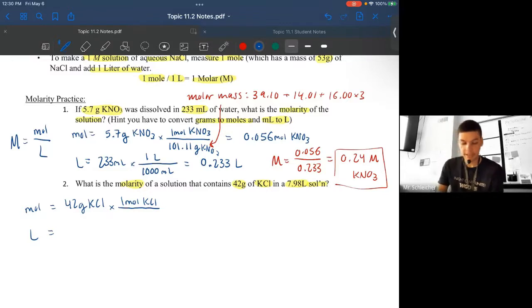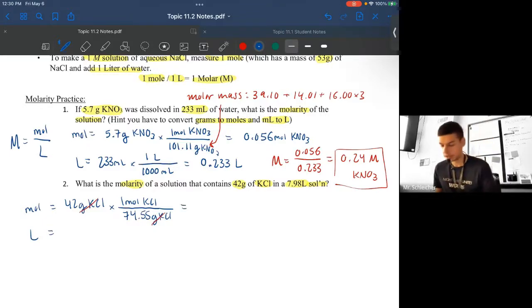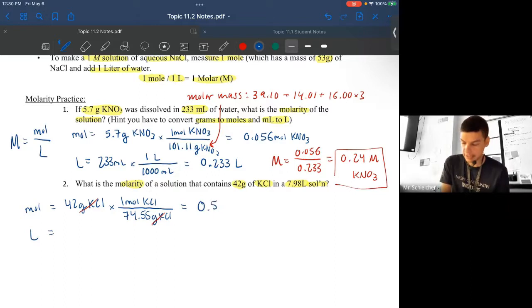If we add those together, you get a molar mass of 74.55 grams of KCl in every 1 mole of KCl. So if we solve this problem here, 42 divided by the molar mass we just got, we should get about 0.56 moles of KCl dissolved in our solution.